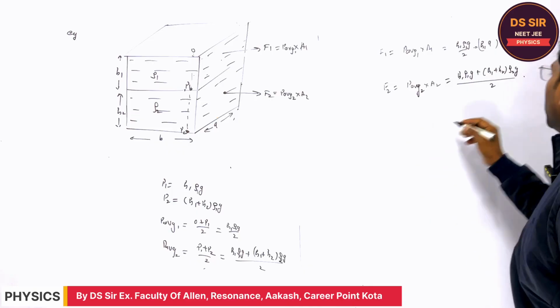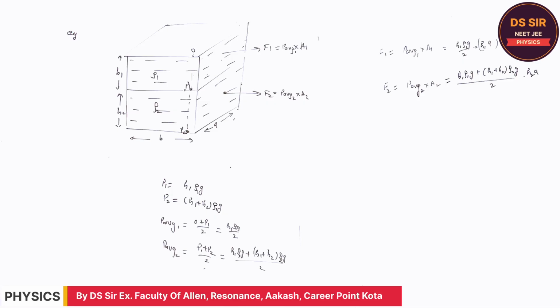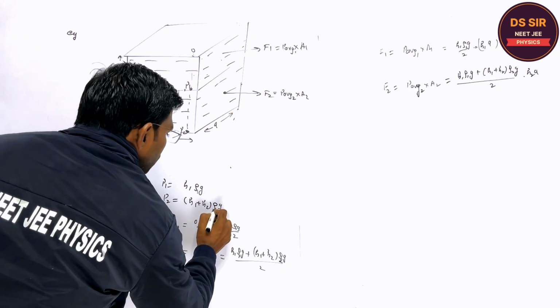Area is H2 into A. Fine. Now it is correct. Copy. Please make it correct. This is the rho 2 also, right?